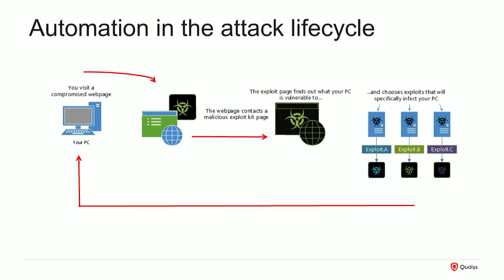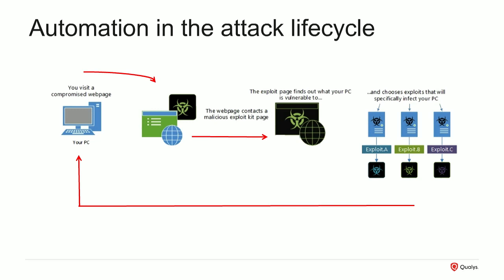And then, in a fully automated way, they would serve you the answer that embeds a weaponized document, which somehow has a vulnerability that they can exploit on your system. So you see, they're actually building a kind of artificial intelligence, if you want, automation in the attack lifecycle.